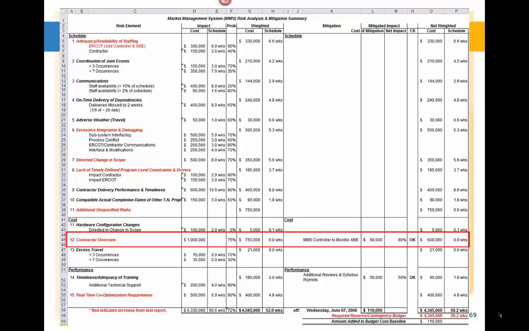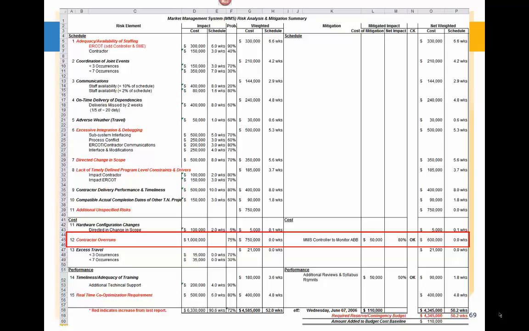Also, you can see that in two cases, we have decided to take some mitigation in order to reduce the impact of the risk. In cost, item 12, contractor overruns, we had estimated that at $1 million, no schedule impact, and there was a 75% probability of that occurring.